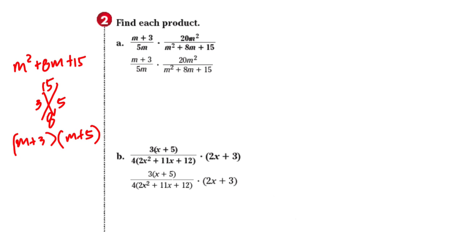Okay, so if we're going to rewrite this, that will be your factored form, which is m plus 3 times m plus 5. Okay, and then we start cross-canceling right here. Since they're all multiplication, we can cross-cancel the factors. The m plus 3 cancels out. The m cancels out, 1m cancels out here, so that you're left with the m.